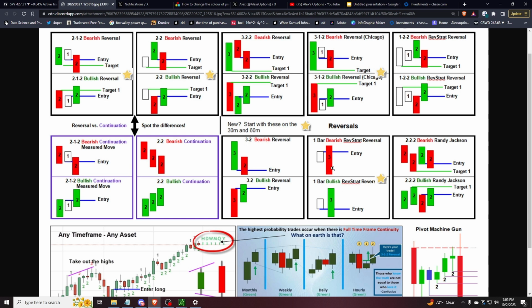So then we have the 1 bar bearish rev strat reversal. Since the 3 by itself is a reversal, the reason is that a 3 must be a failed 2 first. So you go 2 up with this gap higher, and then it goes red, telling you it gapped up. So anyone that was long before, they got what they wanted. Now they're profit taking, or at least shorts are coming in.